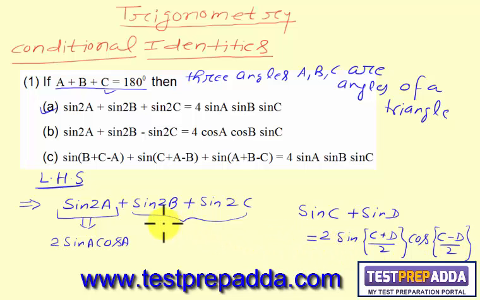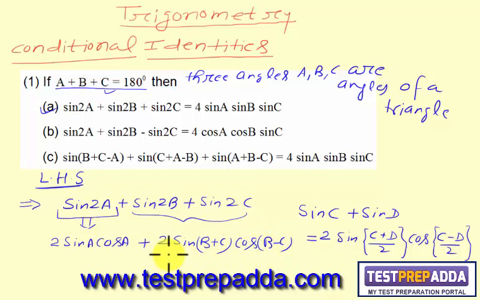If I use this, it becomes 2 sine (2B plus 2C) by 2, meaning B plus C, and cos (2B minus 2C) by 2, meaning B minus C.